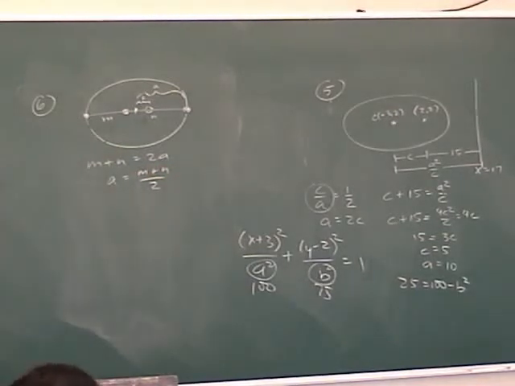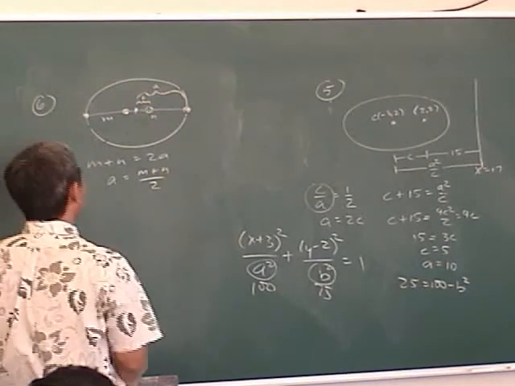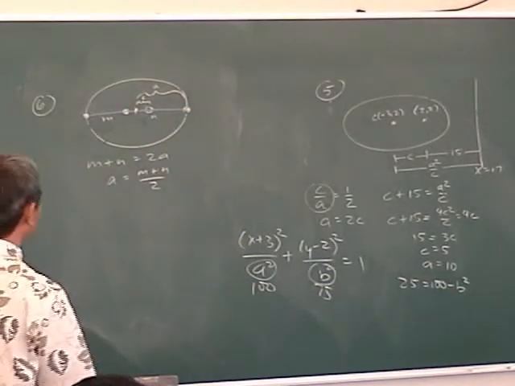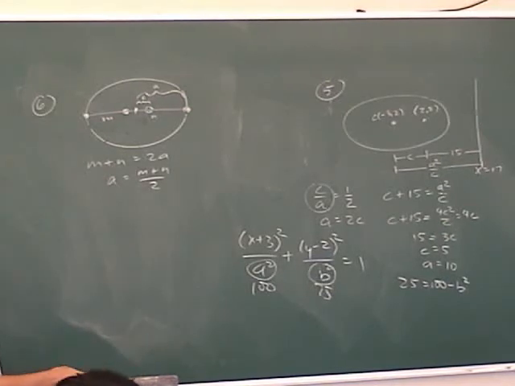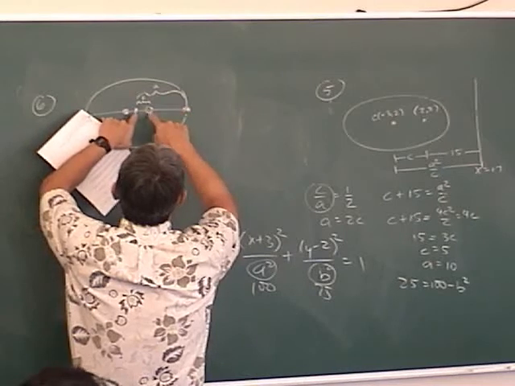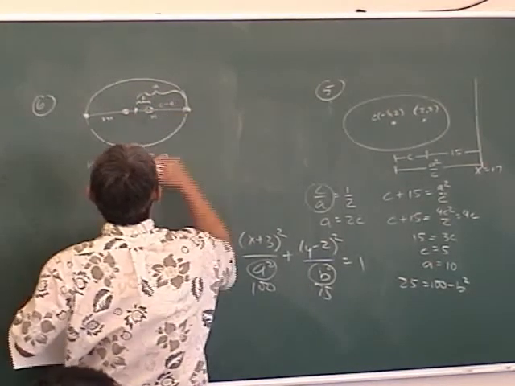Now how do I figure out C? Maybe we should draw this one here. Look at the picture, this is geometry. If this is A and that's C, wouldn't this part here be C minus A?